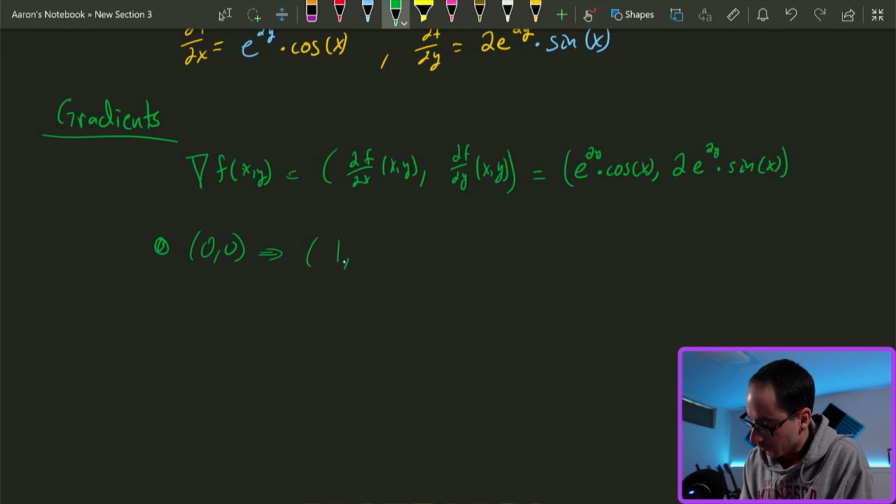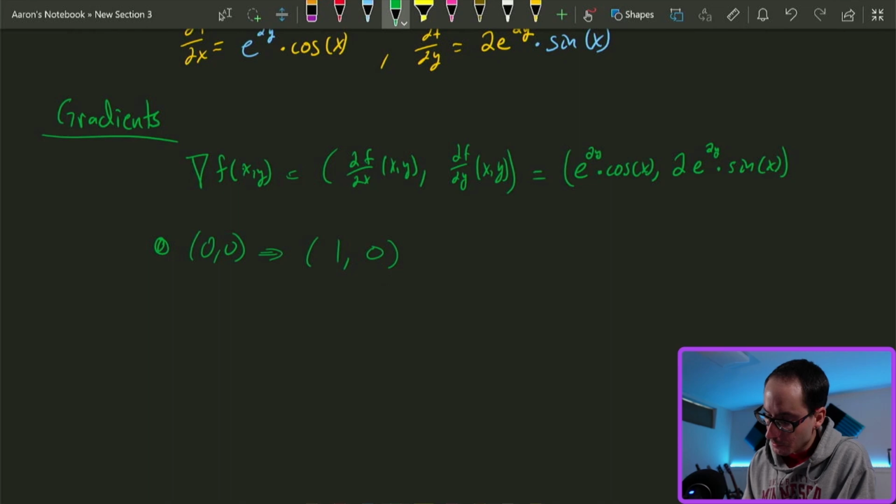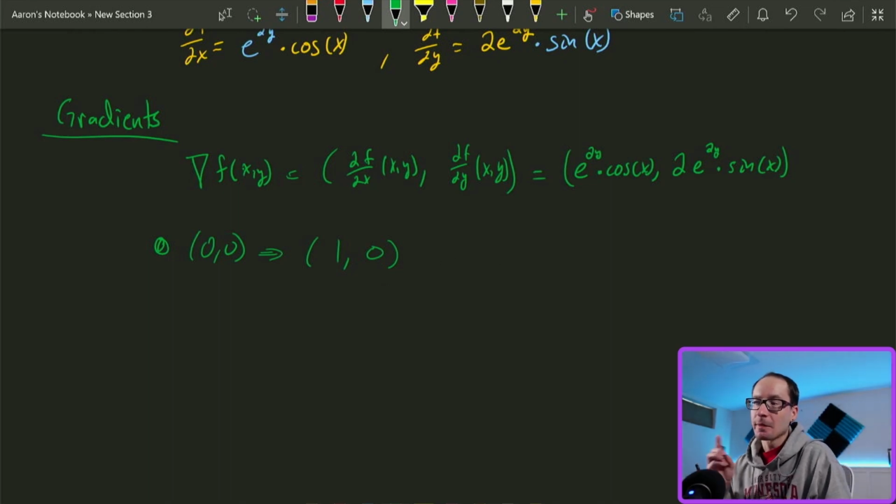That is just a 1, I believe. And then 2e to the 0, that's going to be 2 times 1. And then sine of 0 should be 0. So 2 times 0, so it's just 1, 0. So this is telling me to go 1 unit in the x direction. So my vector points directly horizontally in two-dimensional space. That's the direction of greatest increase.